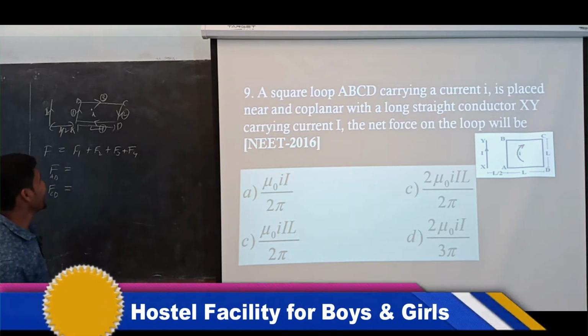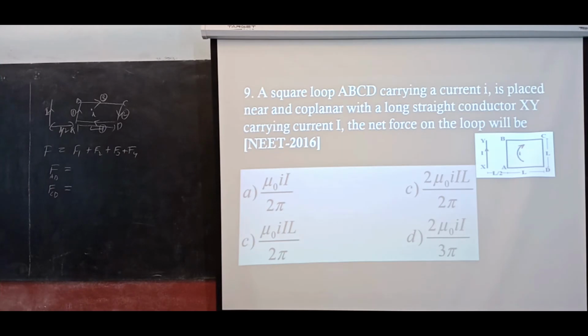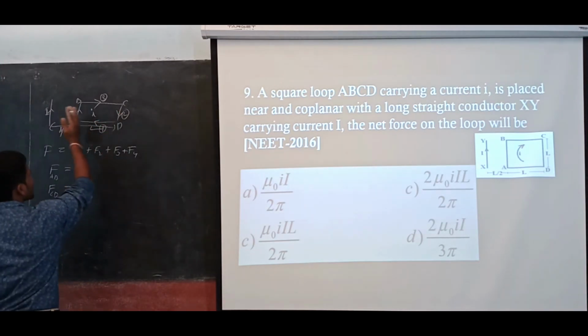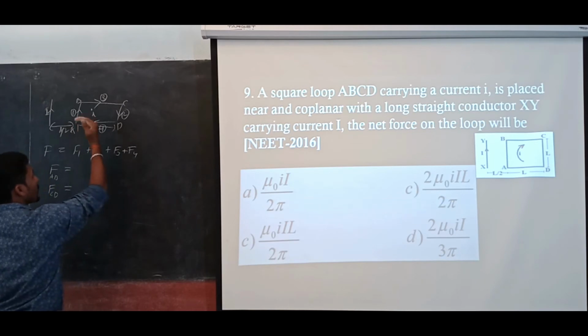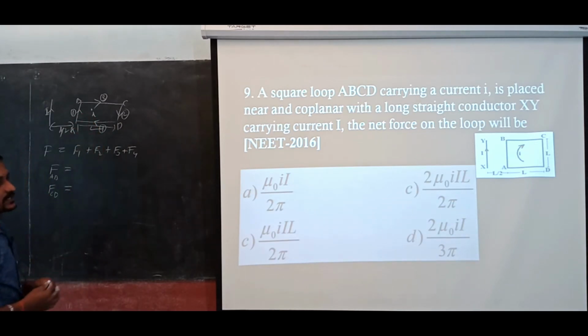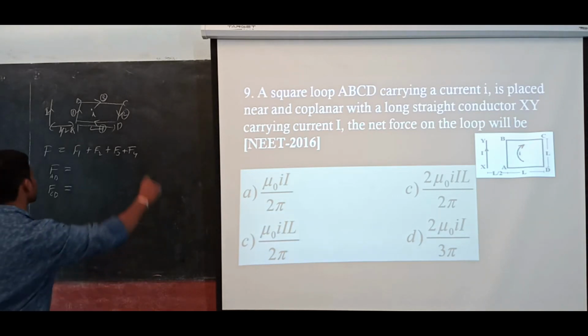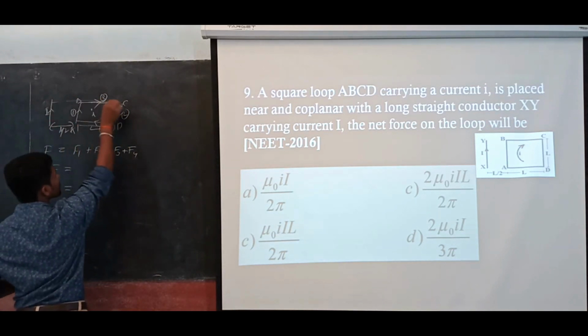Force on BC and AD, is there any force? See, there is attraction and repulsion like this, but it is in this way, right? So the net force is 0 for BC and AD, but for AB and CD it is not 0, because here the distance is the same.